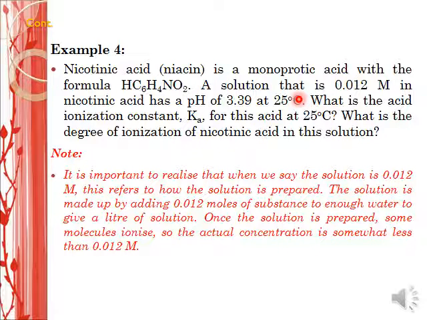The questions are: what is the acid ionization constant, Ka, for nicotinic acid, and what is the degree of ionization of nicotinic acid in solution? So two questions are being asked here. How do we solve this question?